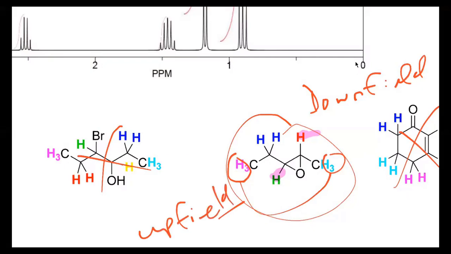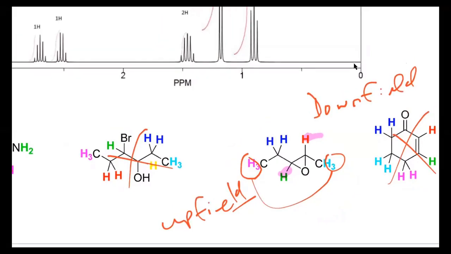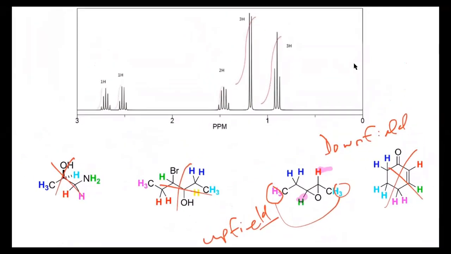What's the term for when something gets shifted downfield? Anybody remember? Deshielding. It's called deshielding. That's exactly right. Thank you. All right, so now let's see if we can decode this spectrum.